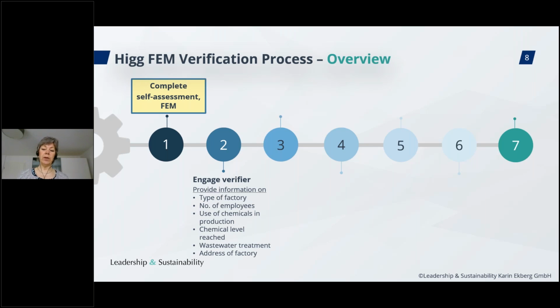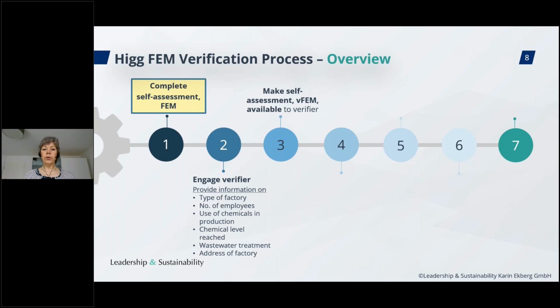If you use chemicals in your manufacturing processes, this is important in order to know if you need a chemical specialist verifier or if we can work with a generalist verifier. We have many chemical specialist verifiers, so in most cases we can support you with that.